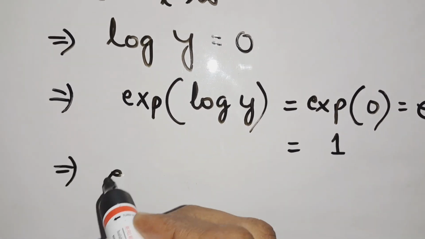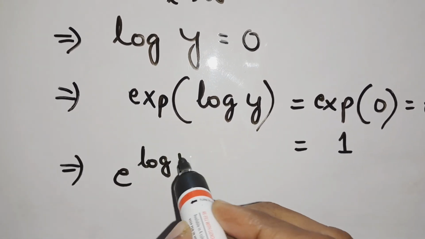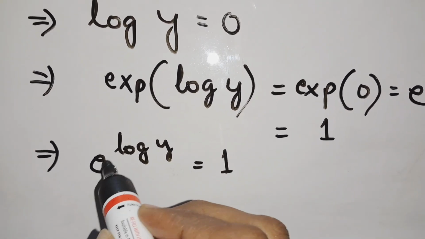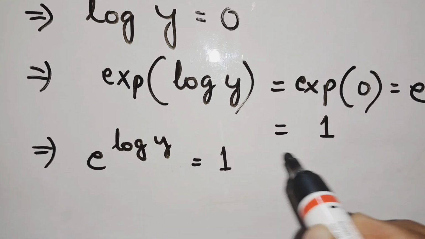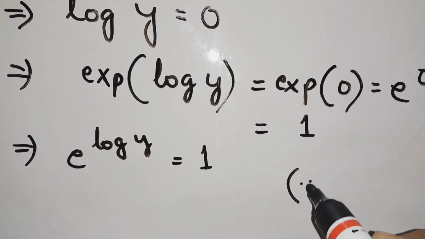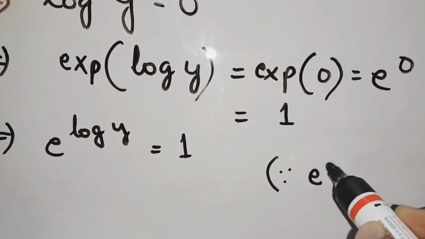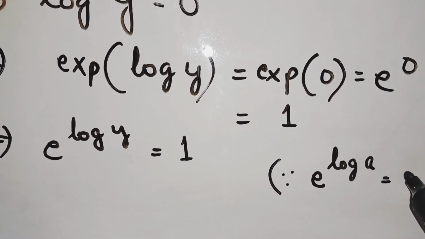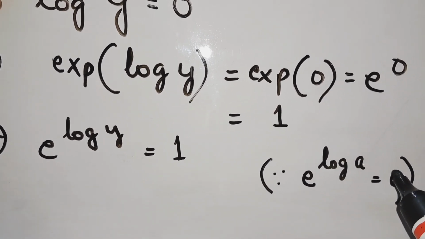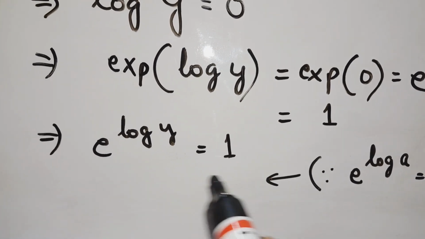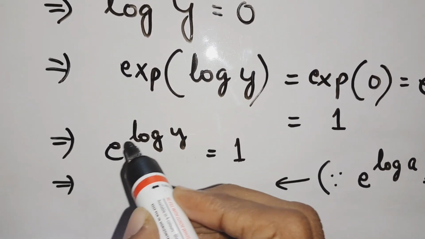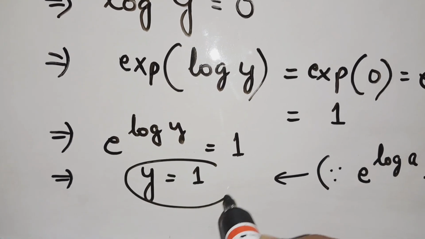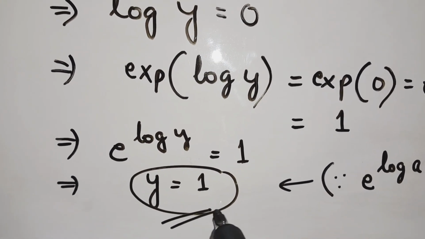Now e to the power log y, and we know e to the power log a is nothing but a, since e to the power log of anything is that thing. So e to the power log y is nothing but y, and that is equal to 1. Okay, and that only we have to find out.